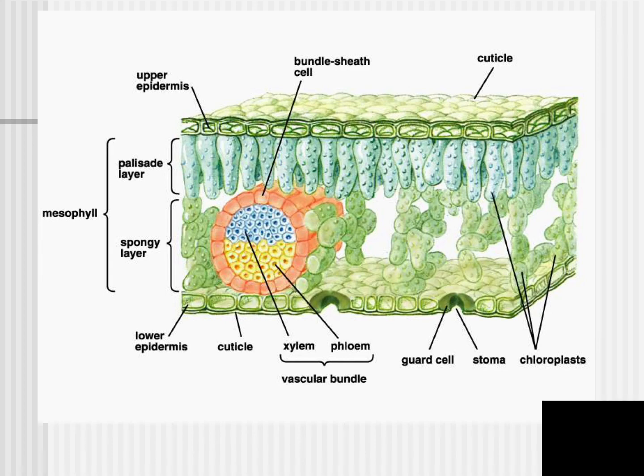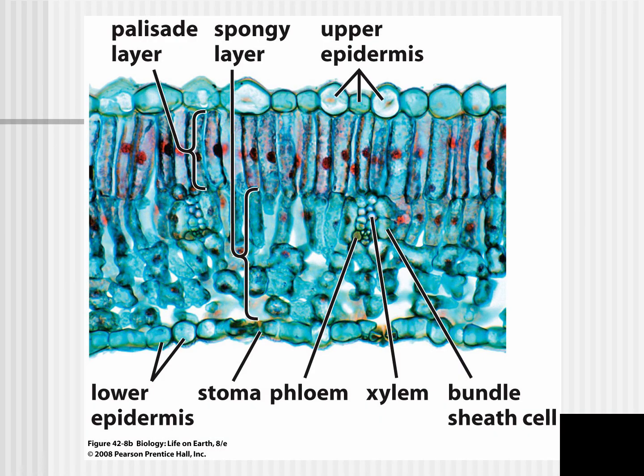So again, here is your illustration, and I want to show you a real picture of what the cross-section of a leaf looks like. You have the cuticle layer here. You have your upper epidermis, then the columnar cells that are packed with chlorophyll.